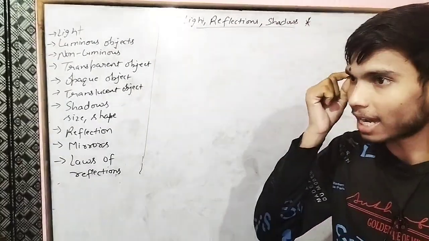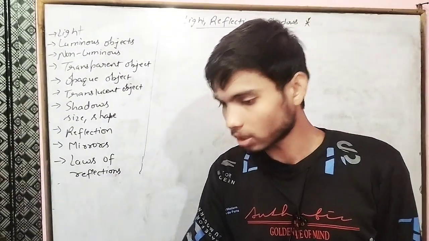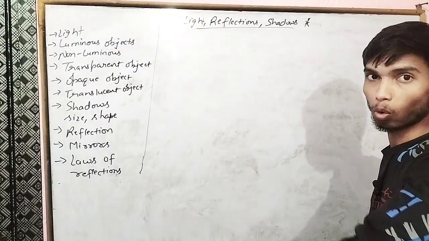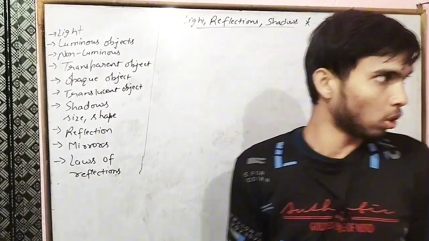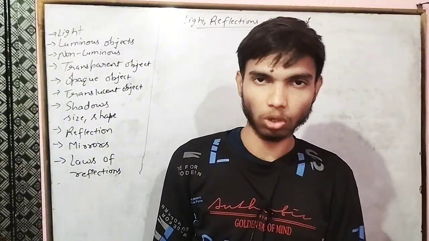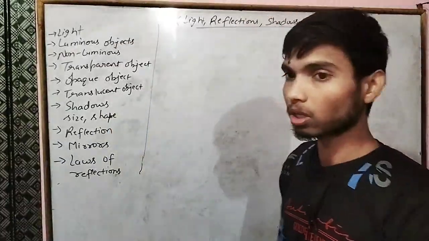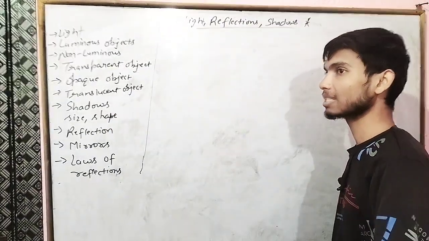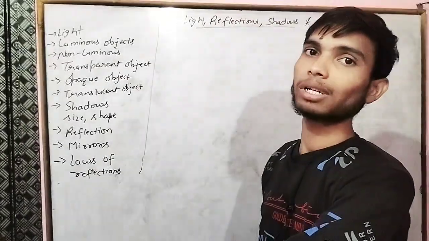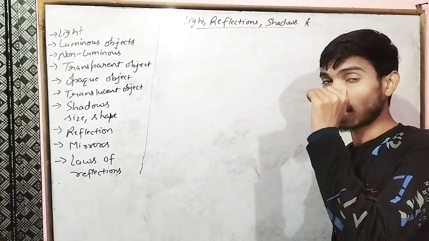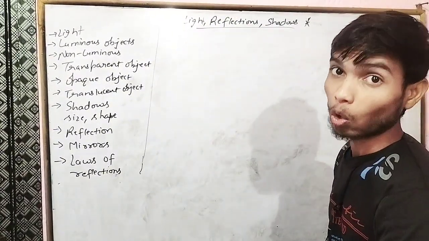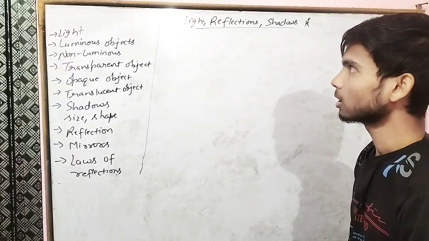Our eyes are able to see the objects, to see this board, to see this wall, to see this device, to see anything which is an object. All those objects our eyes can see because light is falling on the surface of the object. That's why our eyes are able to see the object.